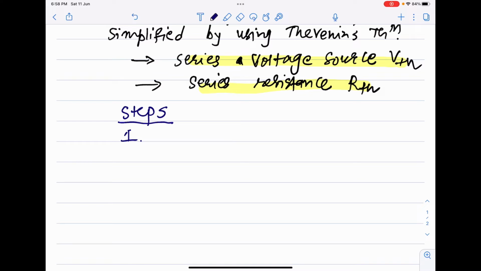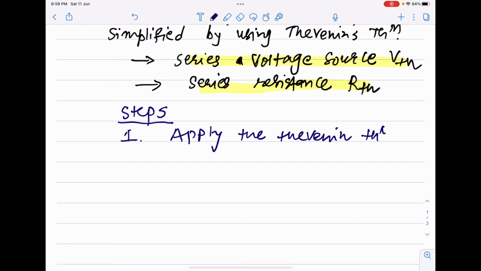First of all, decide where you have to apply the Thevenin theorem, and the 2 points need to be decided, and for these 2 points you need to open the circuit. So apply the Thevenin theorem at particular points in the circuit where you want to determine the value of voltage or current.